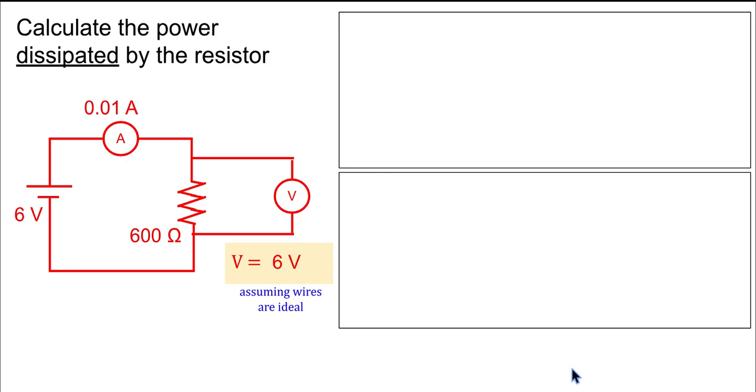It's just slightly less than what the power supply or battery provides. But if we assume our wires are ideal, that they have such a small resistance compared to the rest of the circuit that they can be ignored, then the voltage across this one resistor would be the same as the voltage across the battery.